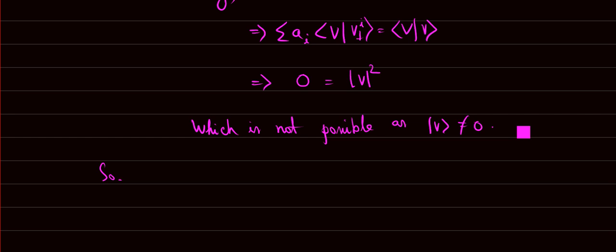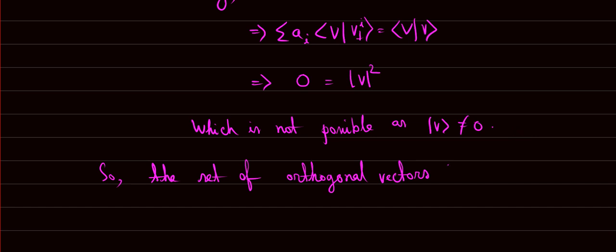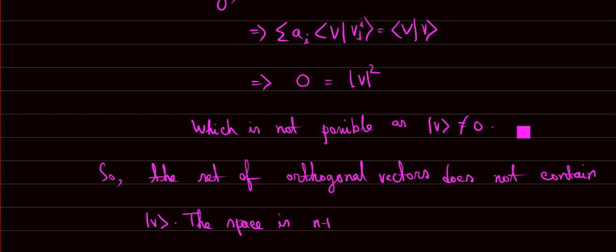So the set of orthogonal vectors does not contain V. So the space is n-1 dimensional.